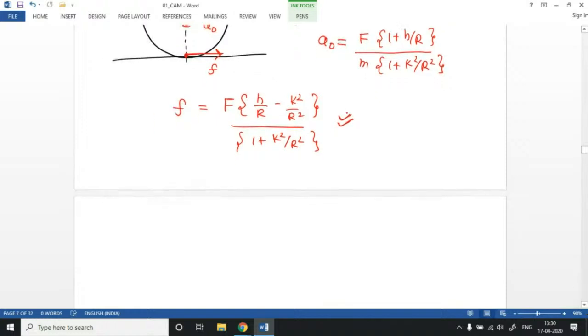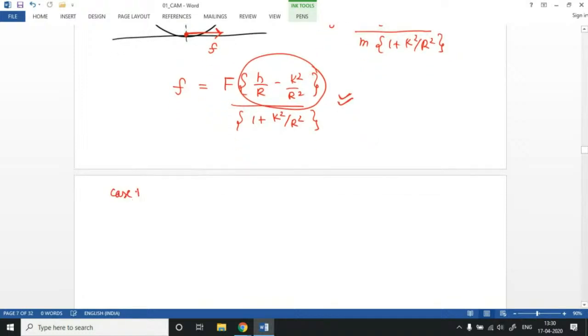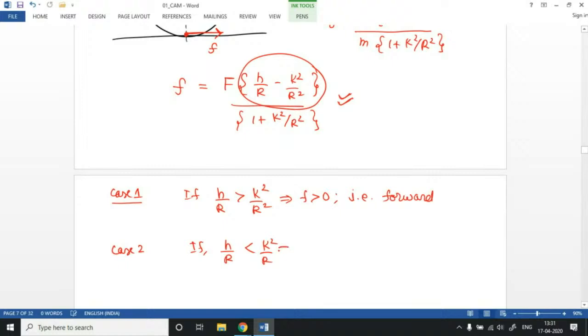So everything depends upon the sign of this quantity. Case 1: if h by R is greater than k square by R square, friction is positive, that is, in the forward direction. Case 2: if h by R is less than k square by R square, friction is negative, that is, in the backward direction.